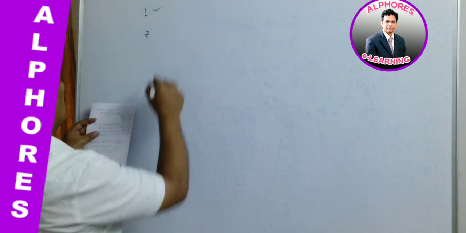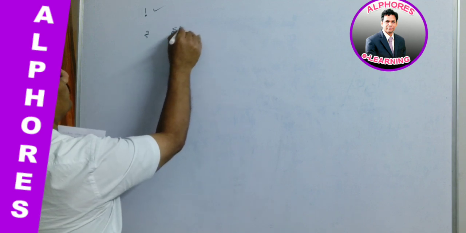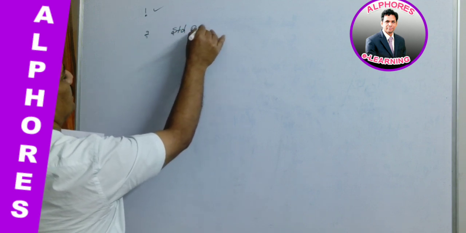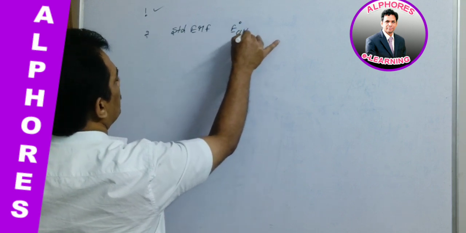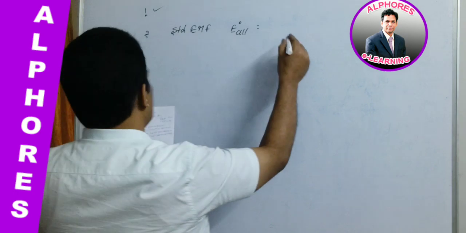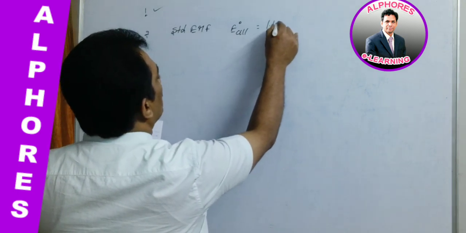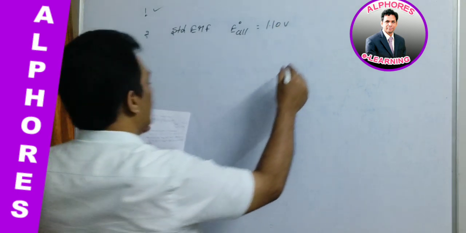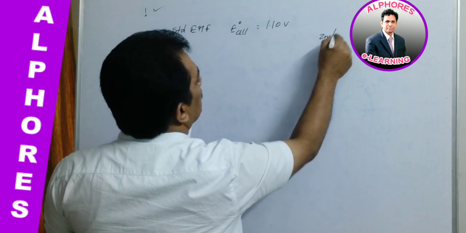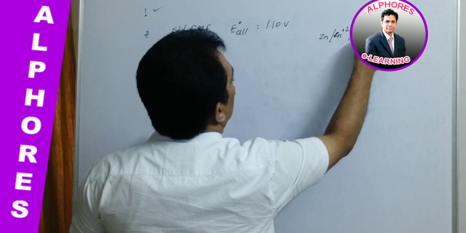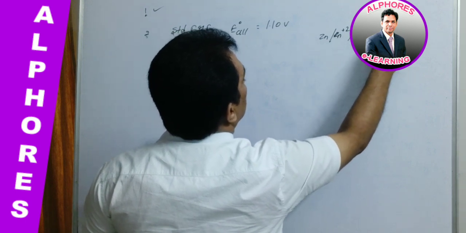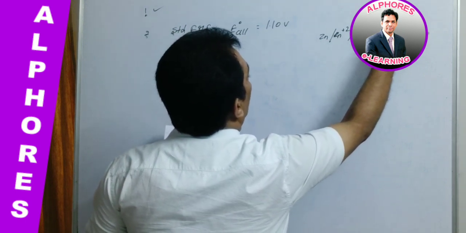It is given as the standard EMF of the cell, that is E naught cell is 1.10 volts. It is given as Zn, Zn plus 2 and Cu plus 2, Cu. This is the cell they are providing.